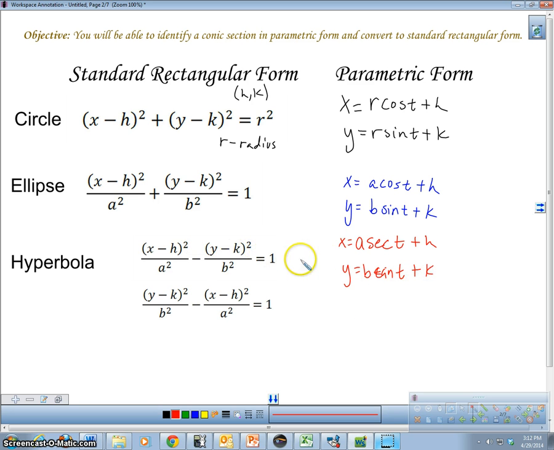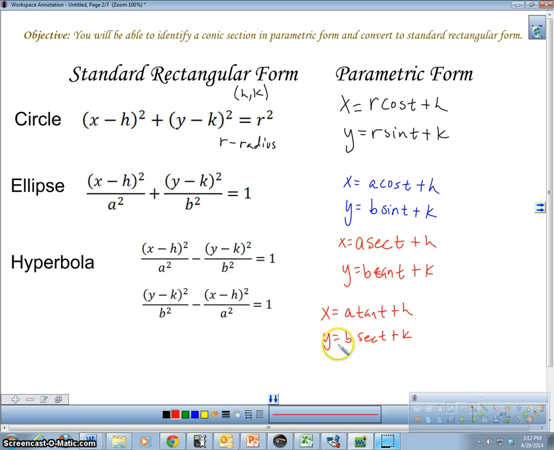That would be for the hyperbola that goes to the side. And for the one that goes up and down, we're going to have x equals a tangent t plus h and y equals b secant t plus k.